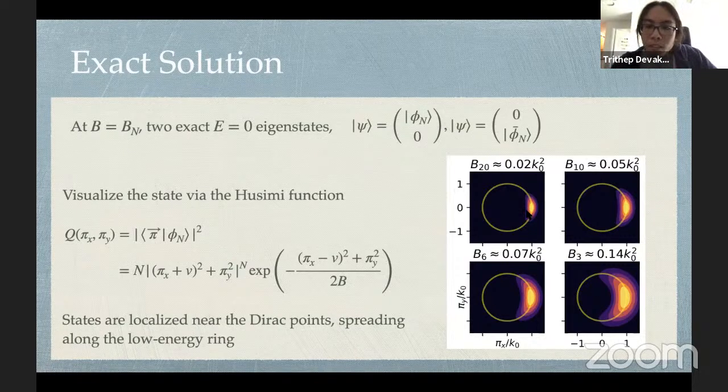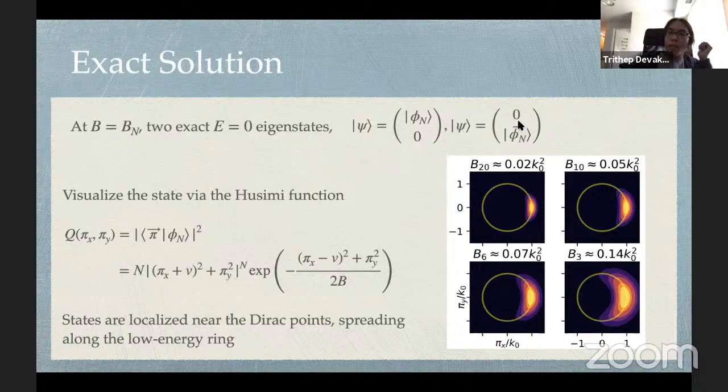So at low fields, you see that the states are well localized around the Dirac point. This is the Husimi function for state phi n. It's located on the right Dirac point here. And as you increase field, it gets larger, and it spreads out anisotropically, and it forms this banana shape, which is in agreement with our picture of these states being at the Dirac points, but then spreading along the low energy directions of this dispersion.